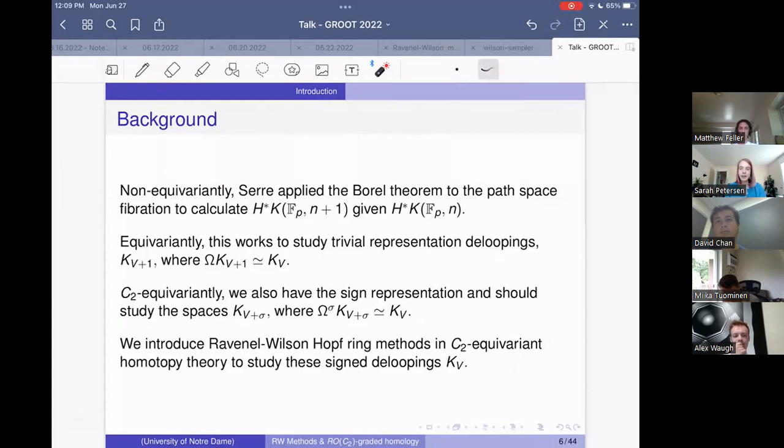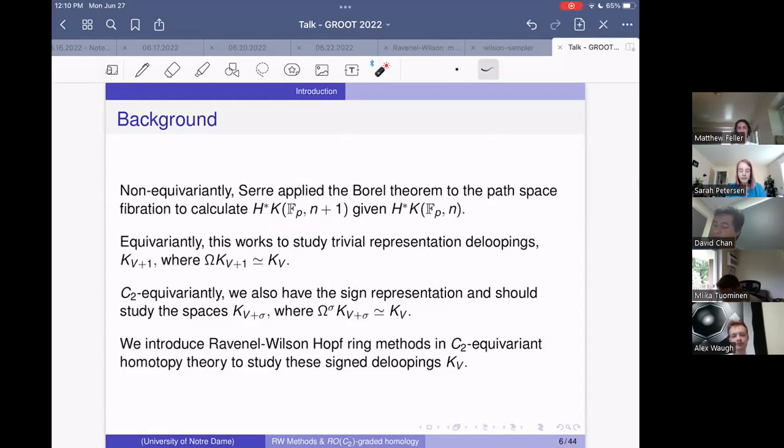So some background on this problem. Non-equivariantly, Serre applied the Borel theorem to the path space fibration to compute the cohomology of the (n+1)st Eilenberg-MacLane space given the cohomology of the nth Eilenberg-MacLane space. So this was an inductive sort of calculation.